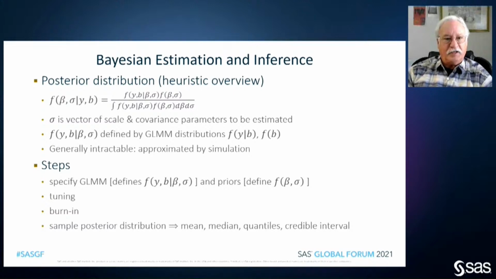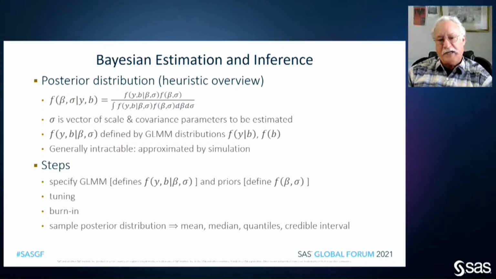So what happens in Bayesian estimation is it's approximated by simulation. So there are some steps in here. The first step is to specify the GLMM, and that implicitly defines this f of y and b given beta and sigma. And we specify prior distributions, and these define the f of beta and sigma. Then there's a tuning step, a burn-in step, and finally sampling the posterior distribution.